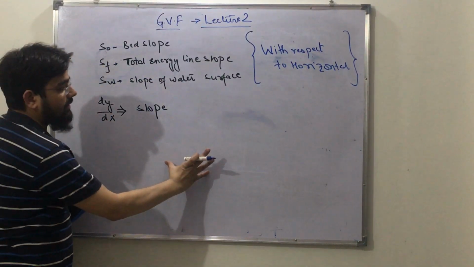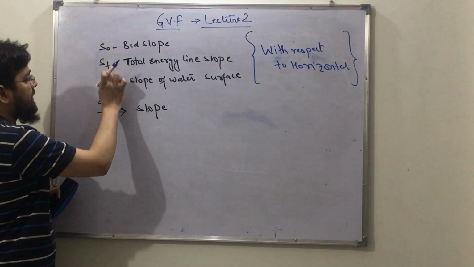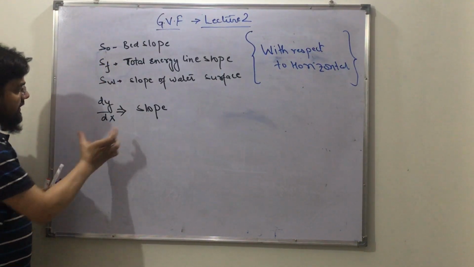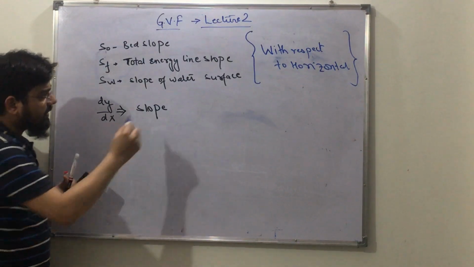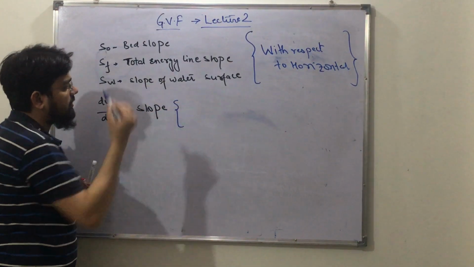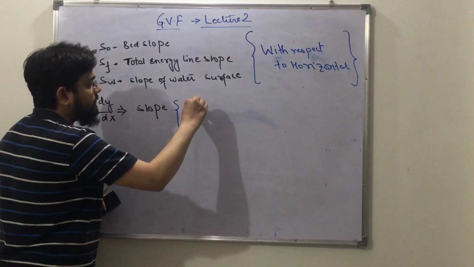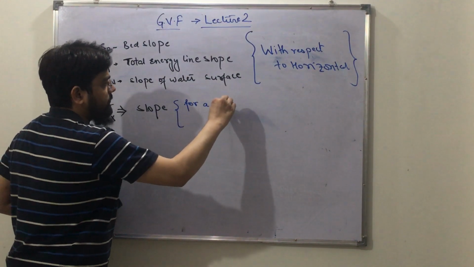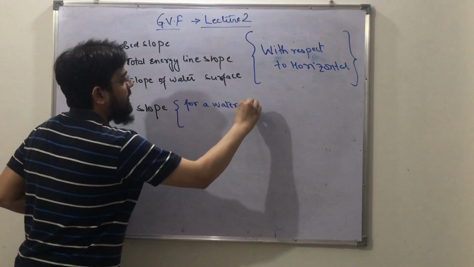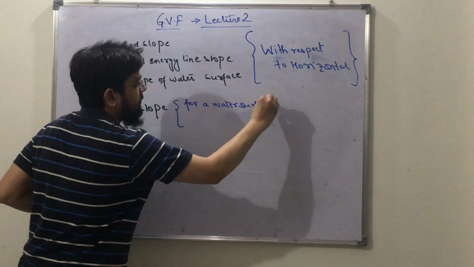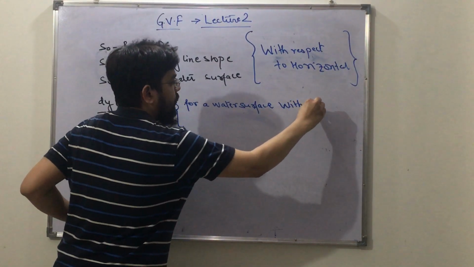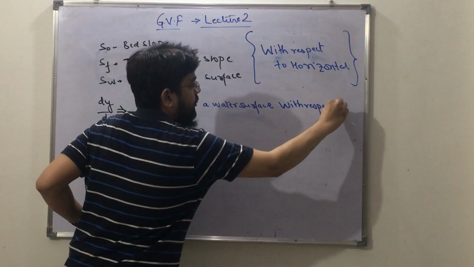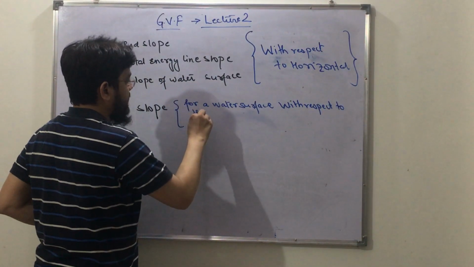I will draw one figure and explain what these S0, SF and SW are. This dy by dx is a slope, and this is measured for a water surface with respect to the bed slope.